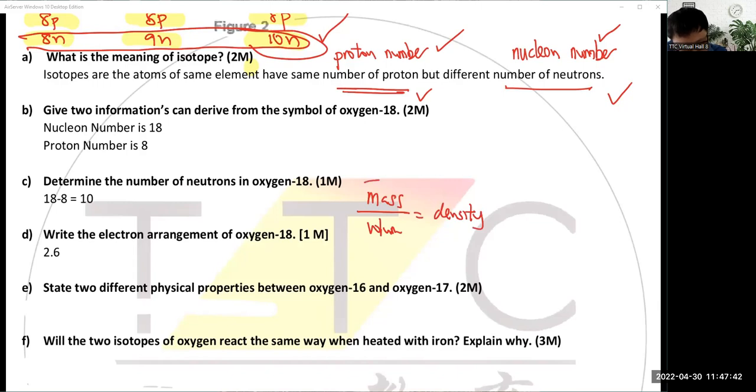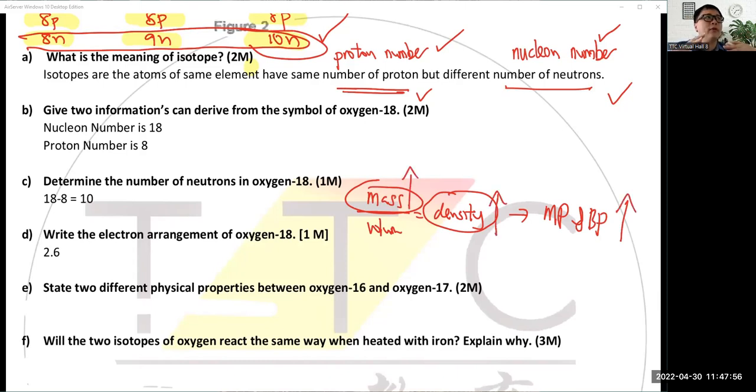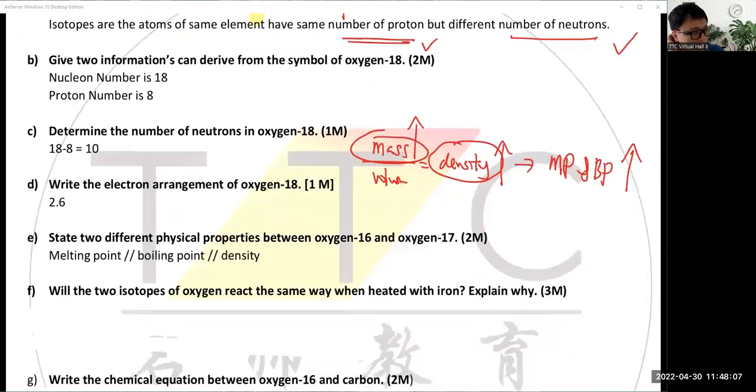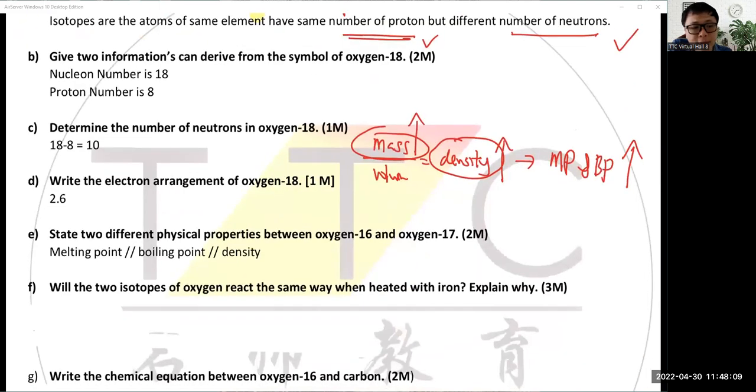If your density is different, your melting point and boiling point will be different, because if your mass increases, density increases, and your melting point and boiling point increase. If you have higher density, everything is packed together, so to boil or to melt takes longer. So the potential differences are melting point, boiling point, density, and atomic mass.